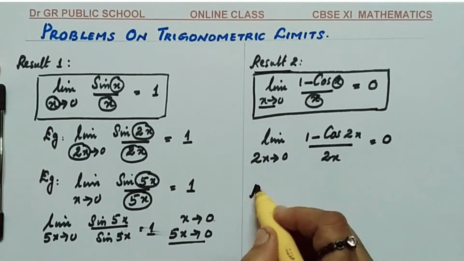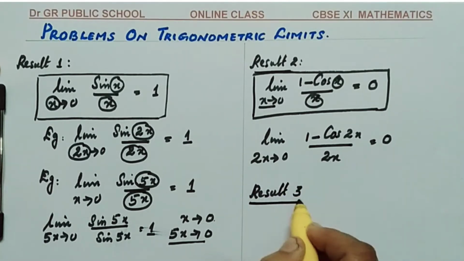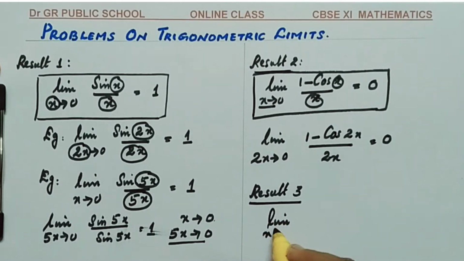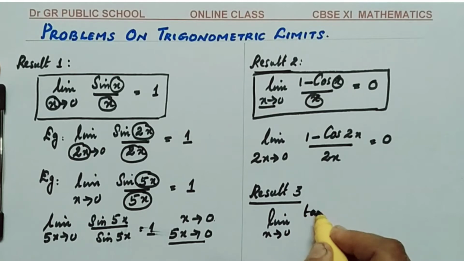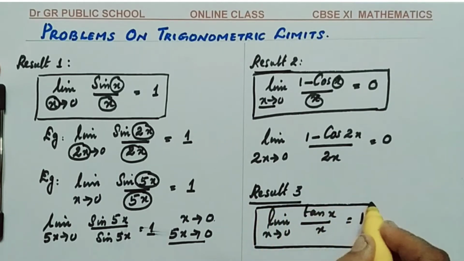Come to result 3. Limit x tends to 0, tan x by x equal to 1. This is result 3. Here also the same x needs to come in the denominator, and that x tends to 0.